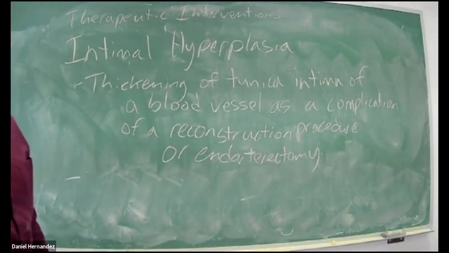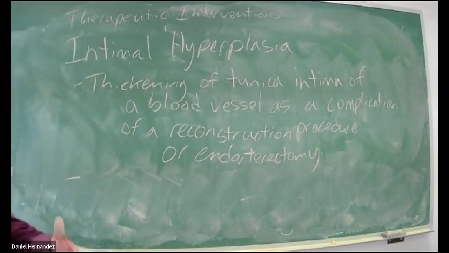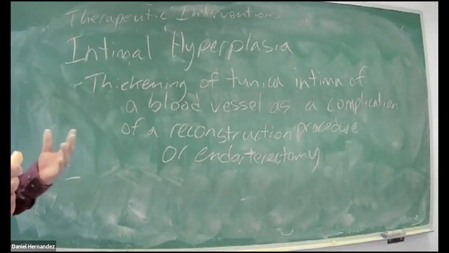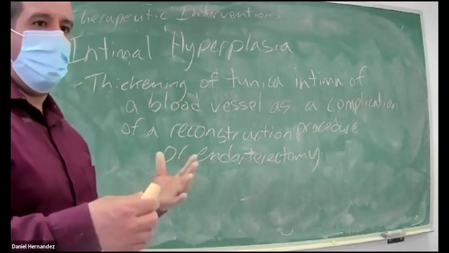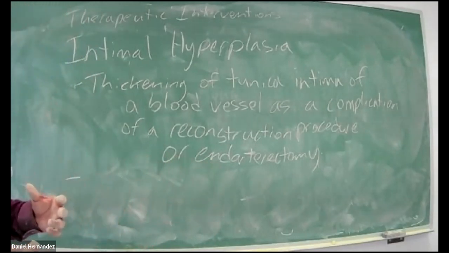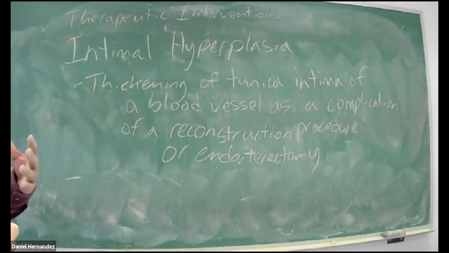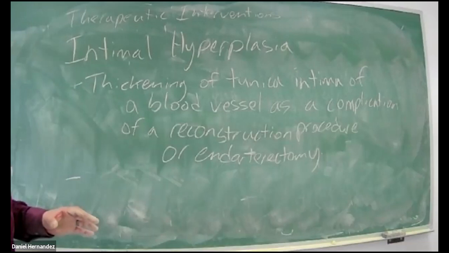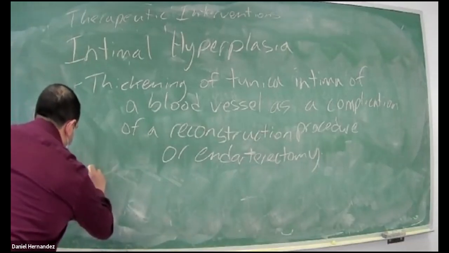So intimal hyperplasia, it's a universal response of the vessel to injury. So this inflammatory process, this hyperplasia, this thickening of the intimal layer, it's a normal physiologic response to vessel injury. So it becomes inflamed and thickened. So it's normal.